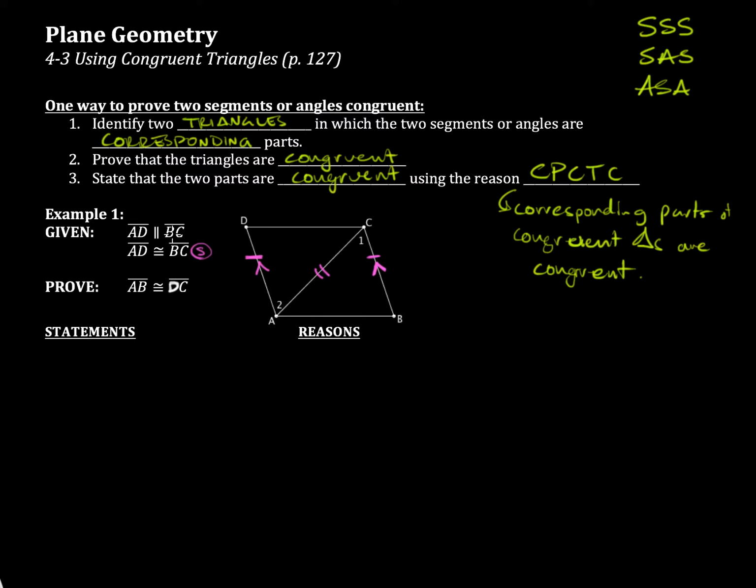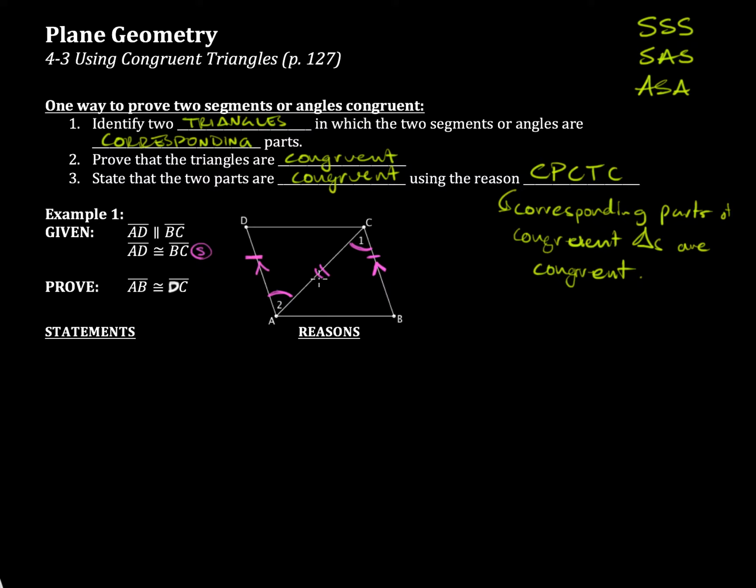But what's important about these segments being parallel? Well, we learned that if two parallel lines are cut by a transversal, like segment AC, then we have some congruent angles that are formed. Specifically, this angle right here, angle 1, would be congruent to this angle right here because they're alternate interior angles. And now look what we have.